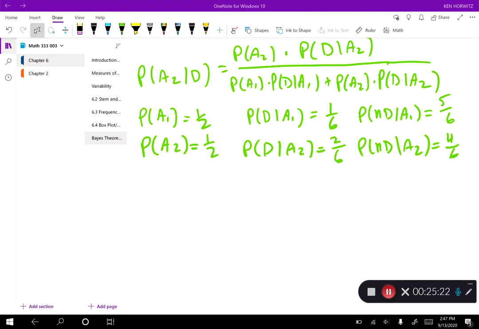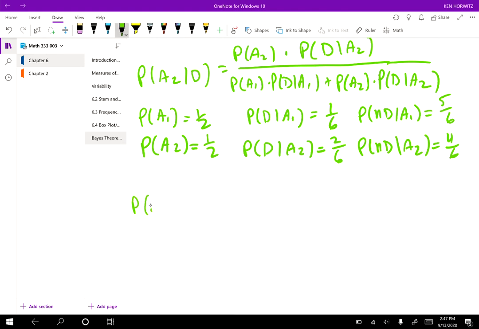Okay, so at this point, let's say the probability of coming out of box 2, given that the phone we got was defective, well, the probability of coming out of box 2 is 1/2. Probability of defective coming out of box 2 is 2/6. Probability of coming out of box 1 is 1/2. Defective coming out of box 1 is 1/6. And we're going to add that to 1/2 times 2/6.